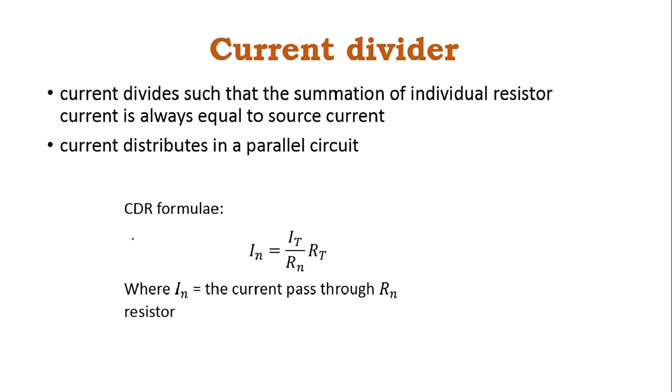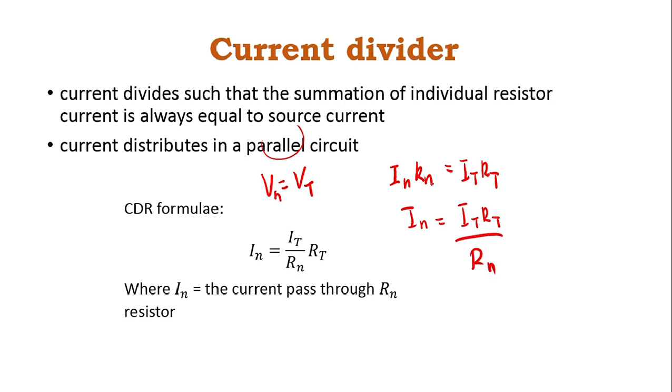So current divider formula ni adalah VN sama dengan VT. Ni voltage sama, maksudnya dia dalam keadaan parallel. Kalau parallel, V sama dengan IR, RN IN sama dengan RT IT. So IN sama dengan IT RT over RN. So ini adalah current divider.